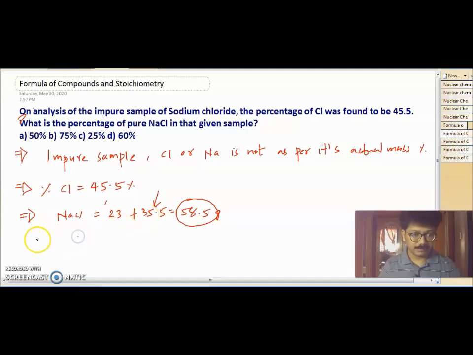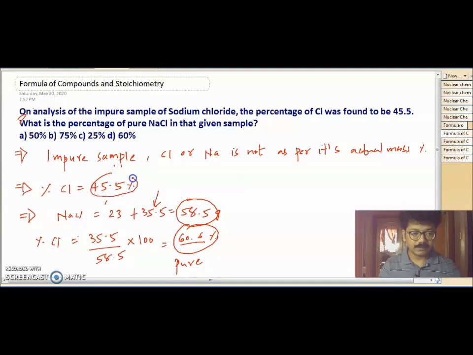So percentage of chlorine is equal to 35.5, the mass of chlorine, divided by 58.5, multiplied by 100. So we get the percentage of chlorine as 60.6 percent. This is the percentage of chlorine in pure form, and 45.5 is the percentage of chlorine in impure form. So how can we get the percentage of purity?